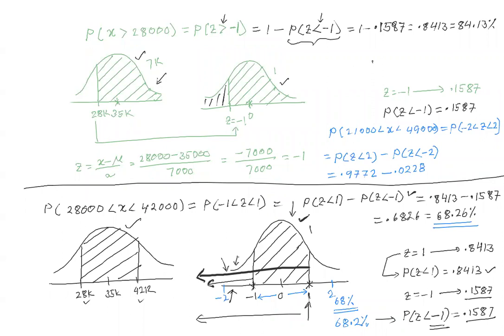That is going to give you 0.9772 minus 0.0228, which is 0.9544, which is 95.44%.